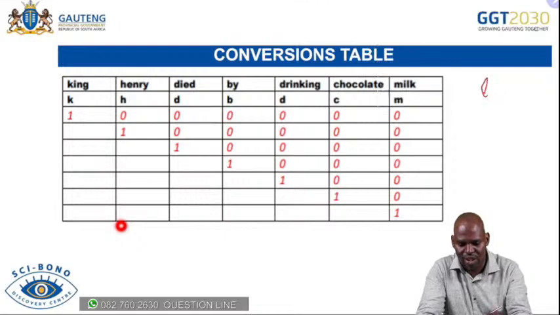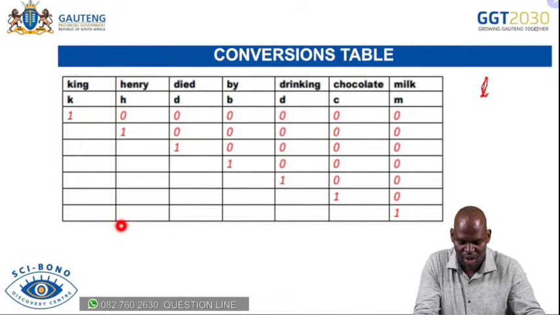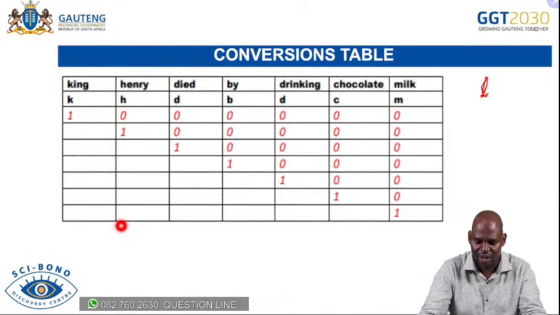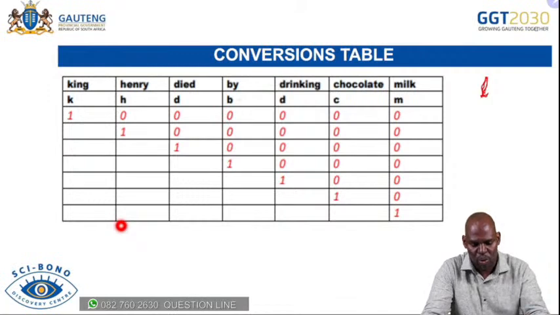I know that there's a denote there for a liter. It's not just a straight L, but it doesn't matter. So how do you convert? When we look at the middlemost letter there, it is now going to be replaced by L because we are now working with capacity.